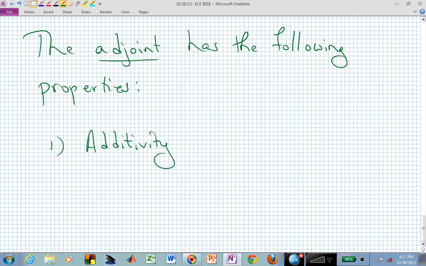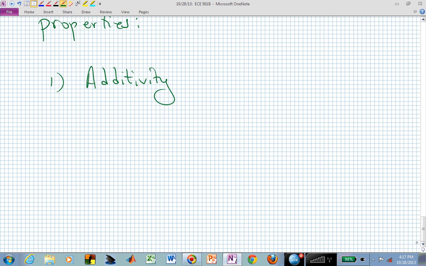One that we can show, but we won't, we'll just state it, and that's additivity. If we had S and T as linear maps and we added those, but then we took the adjoint of their sum, that's now the sum of the two adjoints, S and T. And that's true for all S and T.